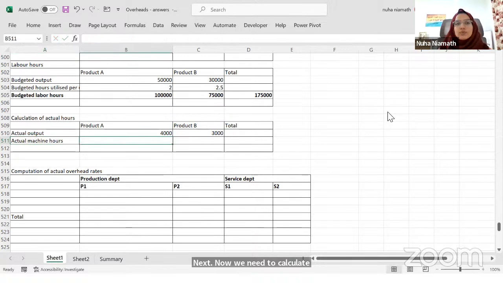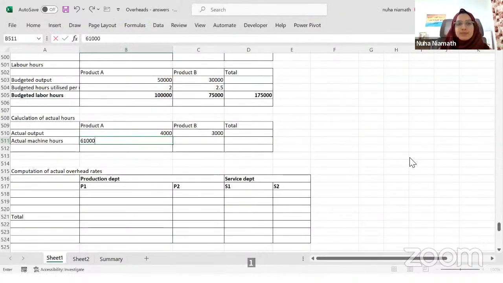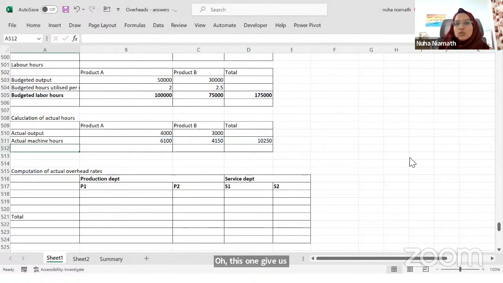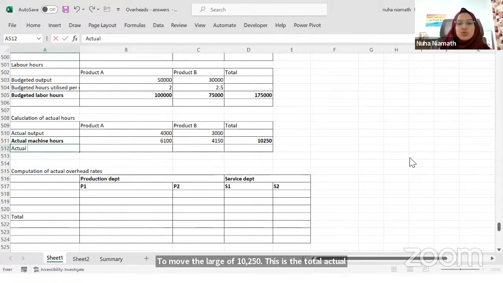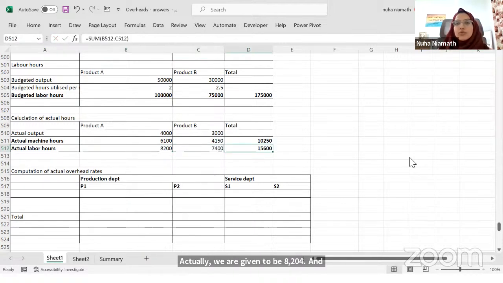The actual machine hours here are 6,100 and 4,150, which gives us a total of 10,250. This is the total actual machine hours that was utilized. Then we have the actual labor hours, given to be 8,200 for product A and 7,400 for product B. If you look at the total, we're getting 15,600 hours.